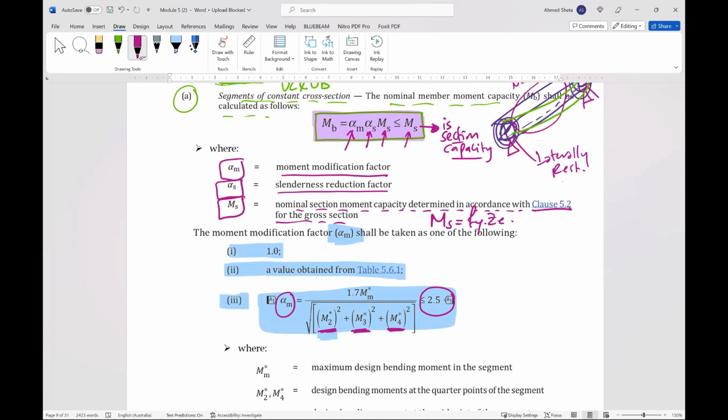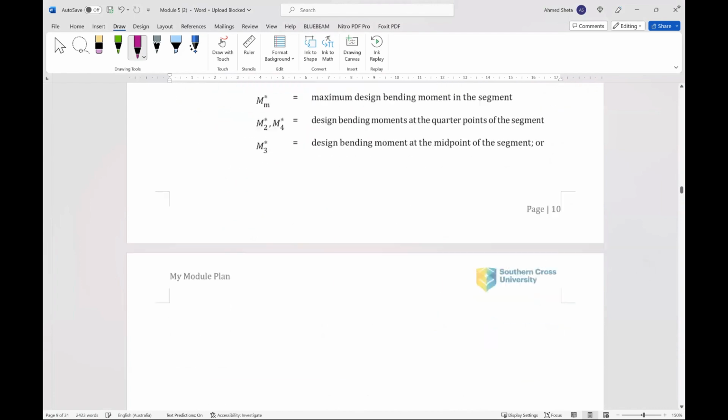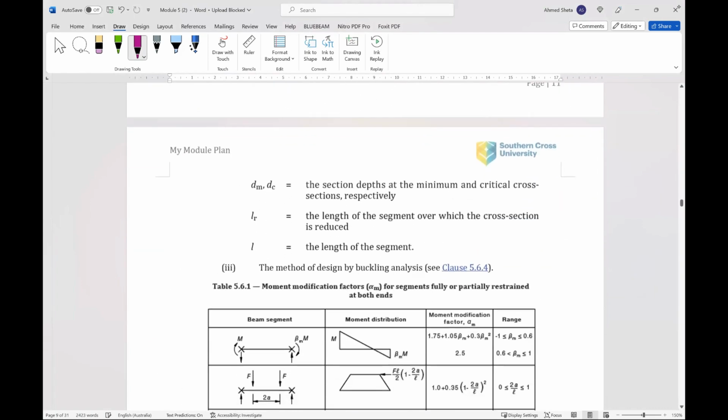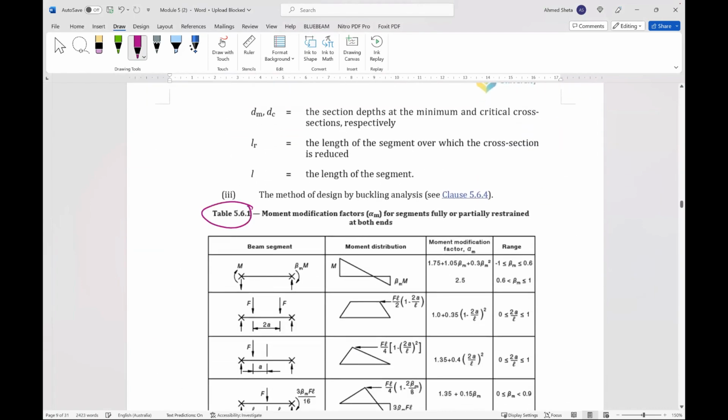Okay, so you can take alpha M as 1 or from table 5.6 or from this value. Let's go to this table. So if we go to this table here, so this is table 5.6.1, moment modification factor alpha M for segments fully or partially restrained at both ends.